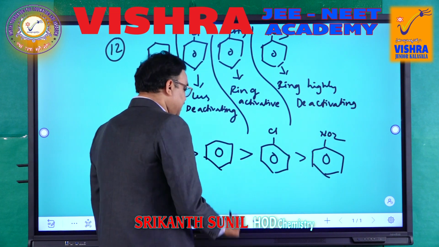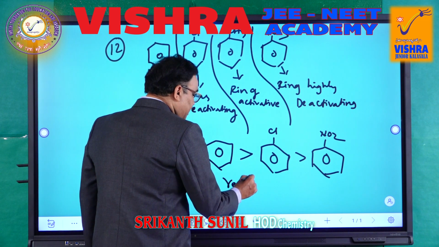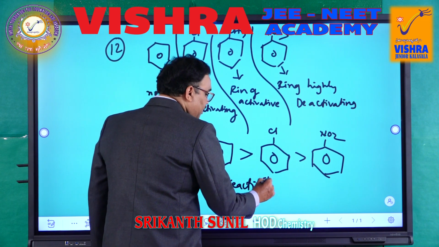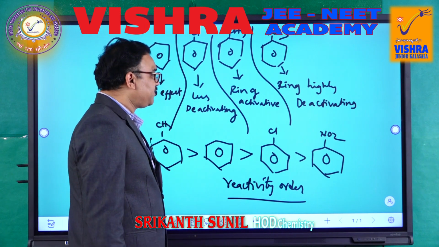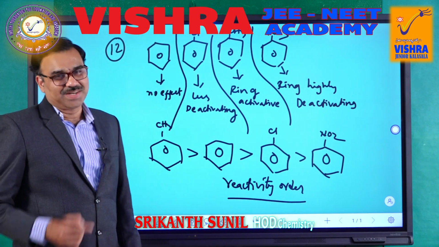So this one is the reactivity order of these compounds. Like that, we can explain the reactivity based on the activating and deactivating nature. Dear student, I think all of you understand.